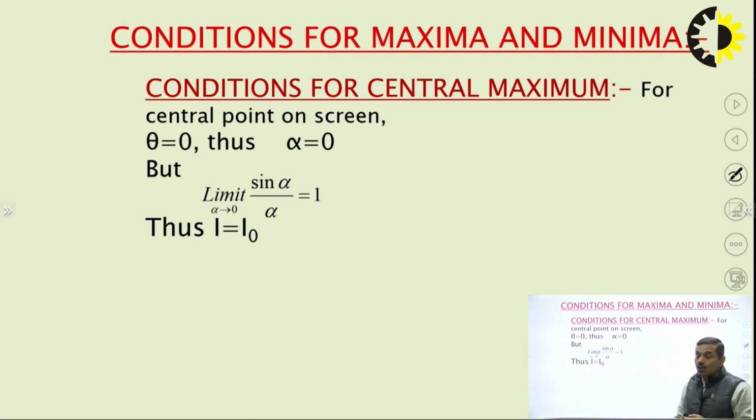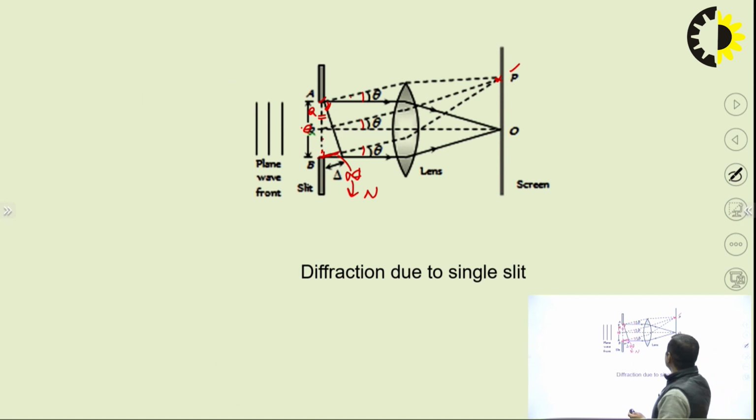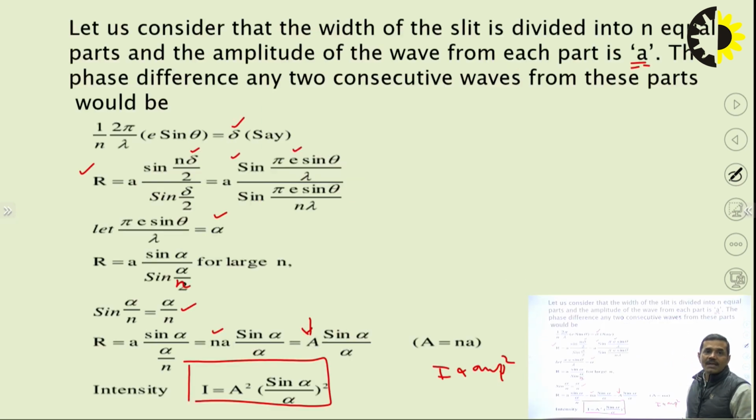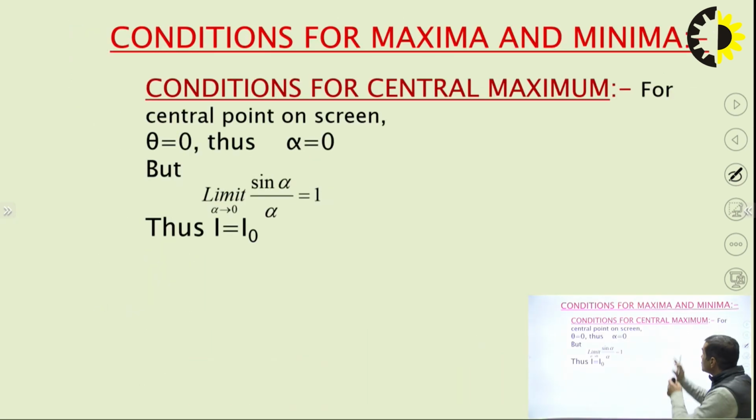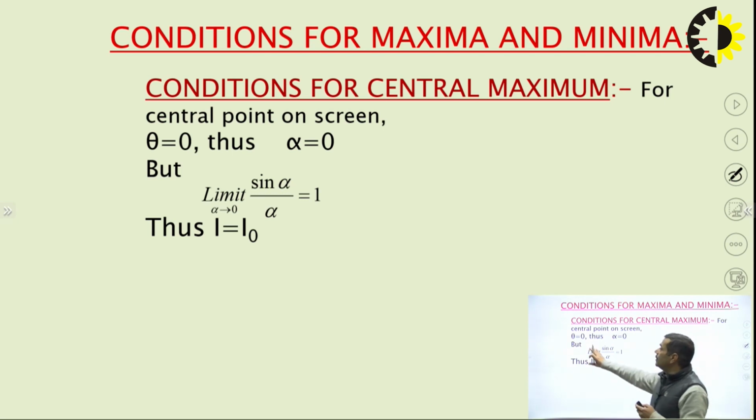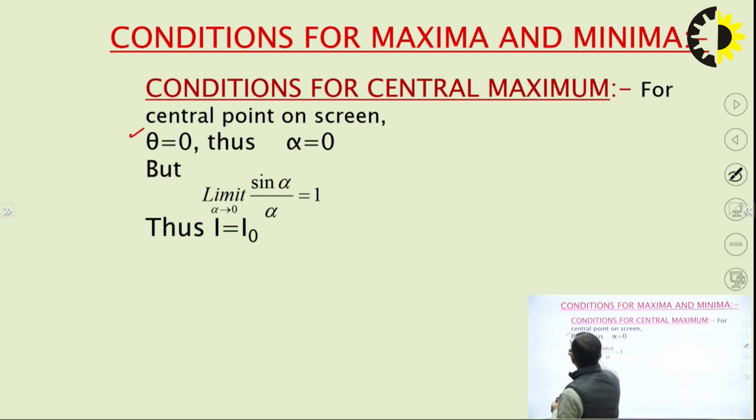In case of single slit, in front of the screen there will be a maximum intensity, which is the central maximum. For the central maximum, the angle of diffraction at the center will be 0, so theta will be 0.